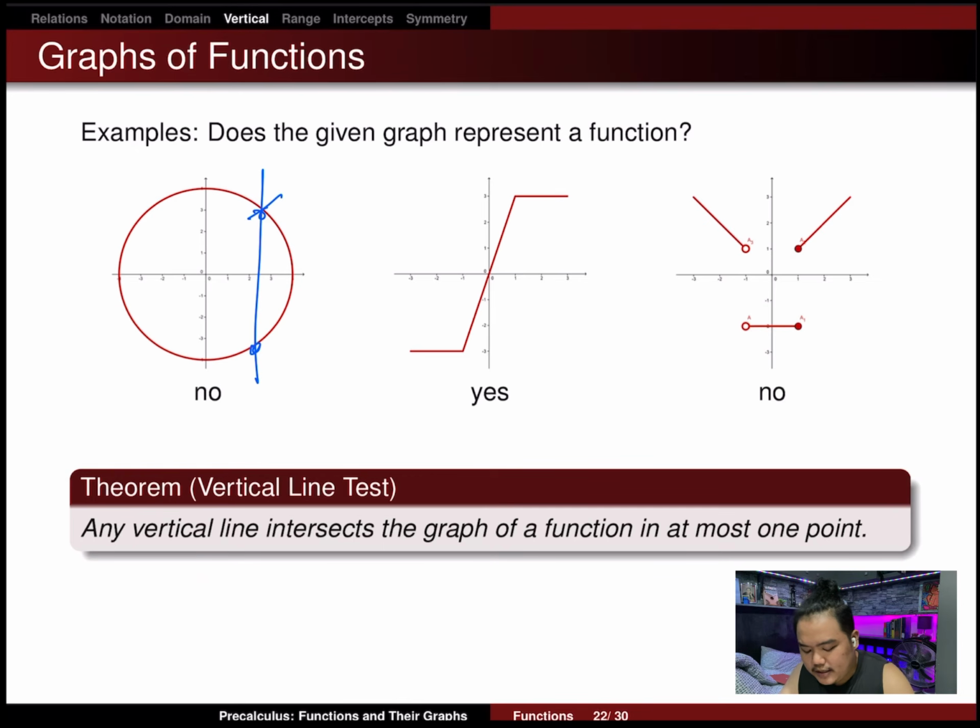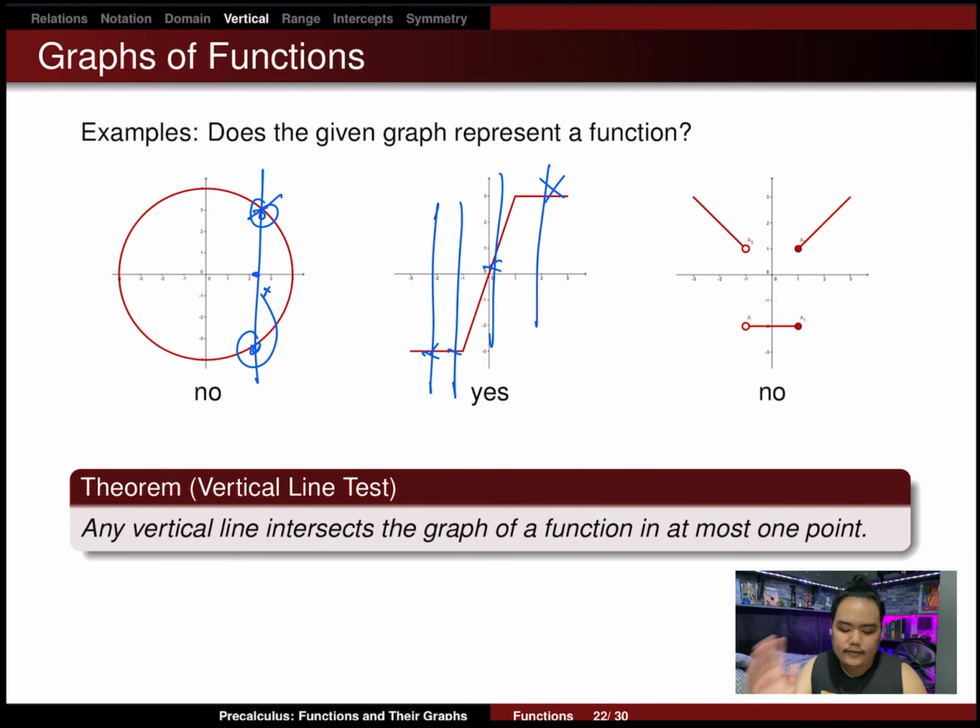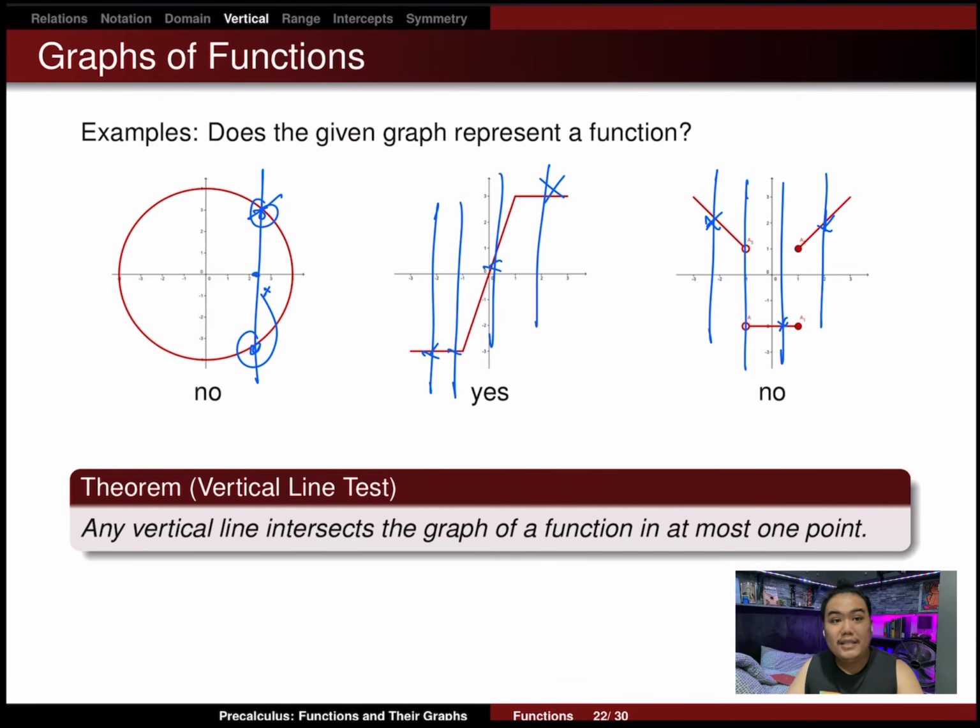What does it mean? Let's say, meron kang x kasi dito, napapartner siya sa magkaibang y, sa dalawang y. That's why it is not a function. For this one, this is a function because any vertical line intersects the graph exactly once. And this one, it intersects the graph exactly once. Okay. Basta isang beses lang siya na i-intersect.